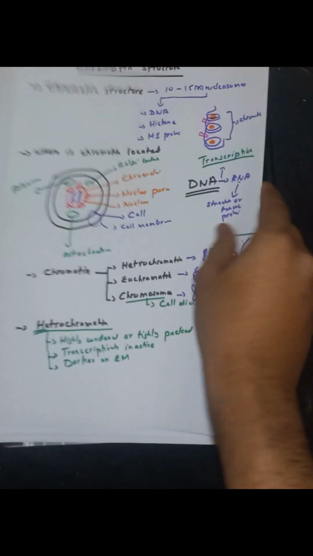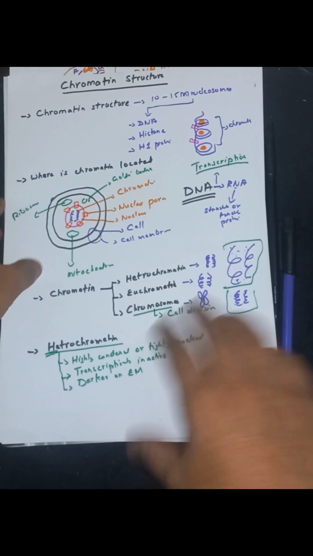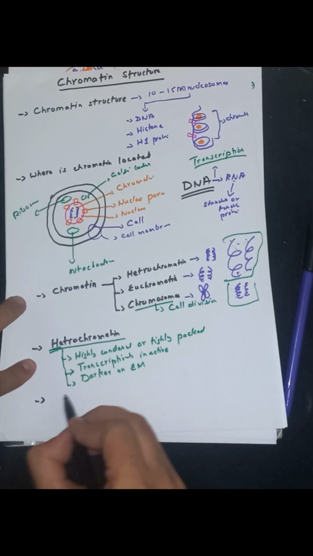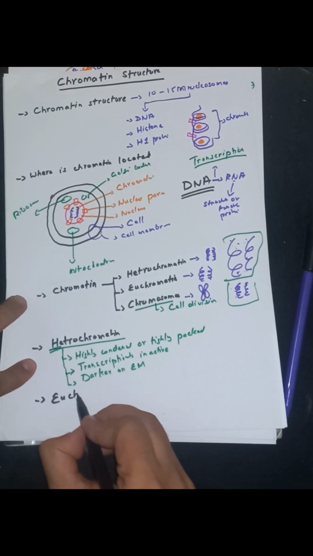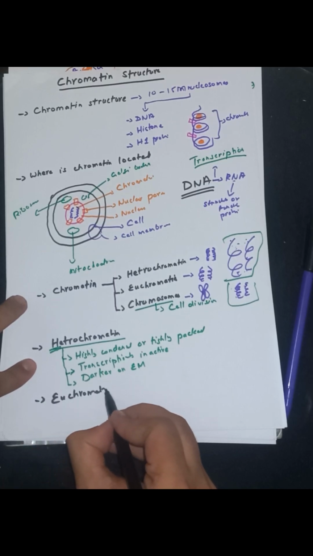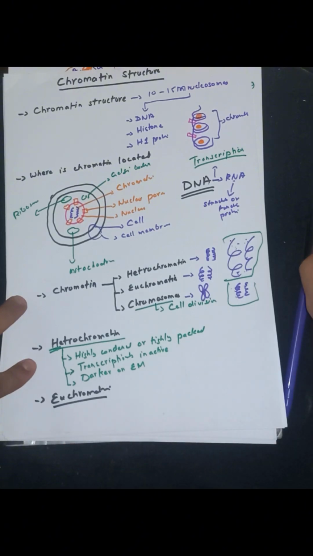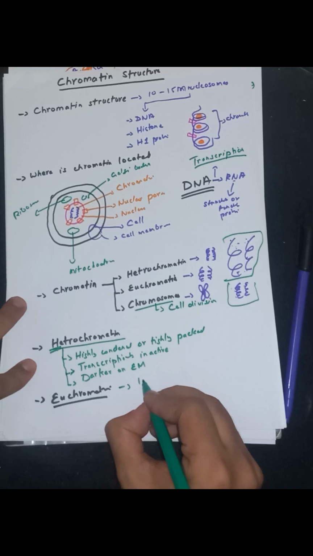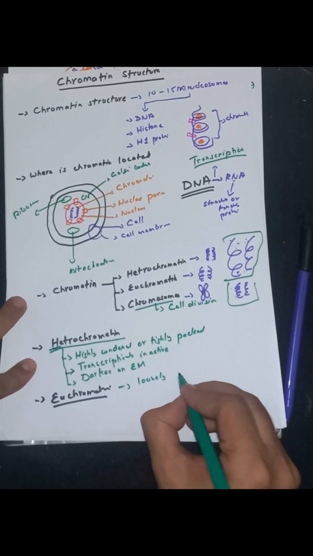So what about that other chromatin? Let's go here. There is another type of chromatin which is called euchromatin. Okay, so what are the characteristics of euchromatin? It is loosely packed.